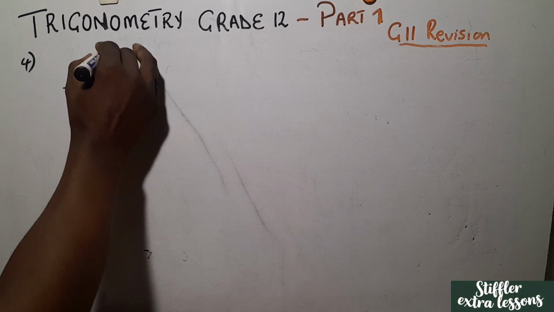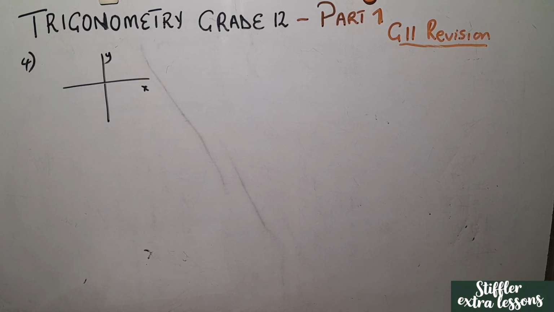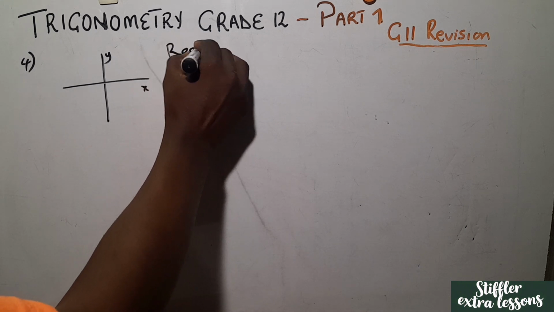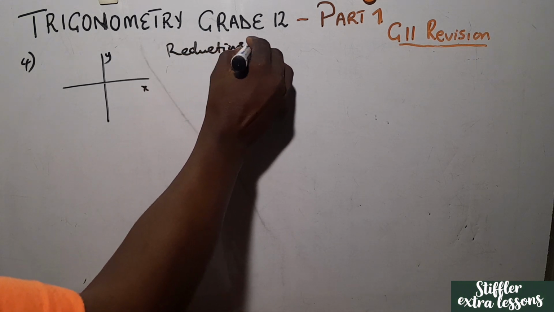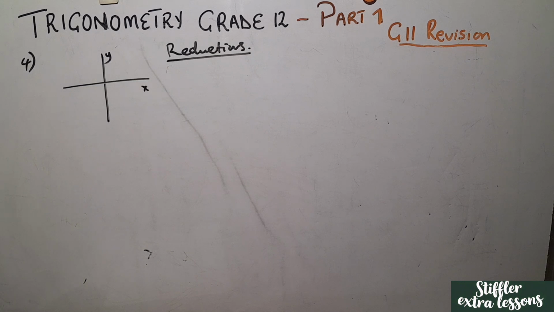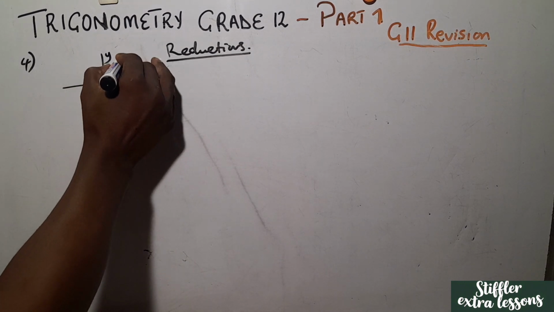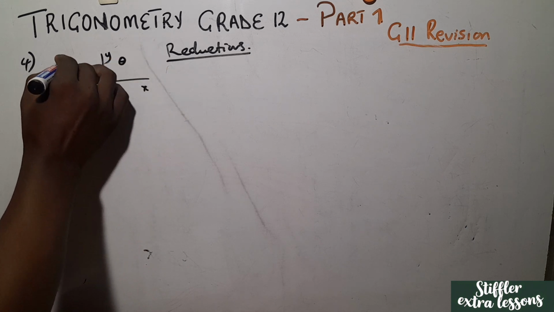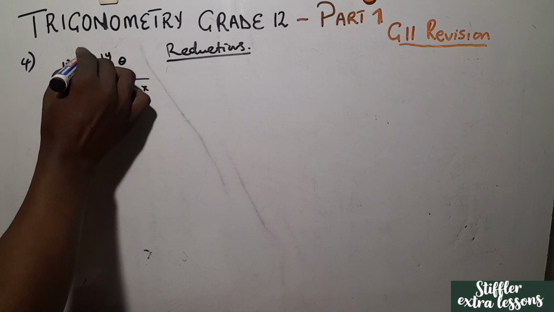So this is our x, our y. This is about reduction formulas, how to reduce angles that are greater than 90 degrees. We know that in the first quadrant we use the reduction formula theta. In the second we use 180 minus theta.